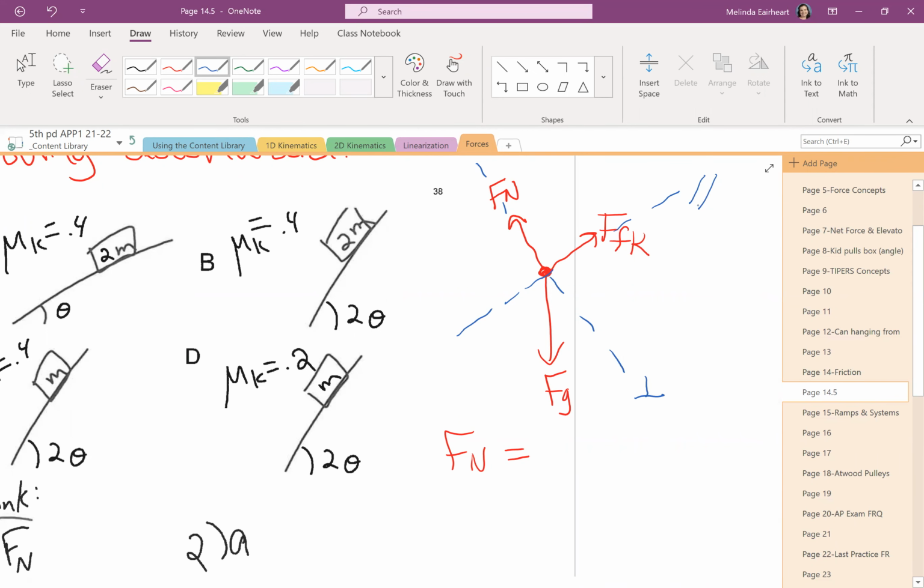And this is where students mess up, okay? When you go to draw the triangle, here's what you should pay attention to. So Fg perpendicular opposes your normal force because 99% of the time, Fn equals that perpendicular component of gravitational force. And that is actually on the new y-axis, Fg is on the old y-axis.